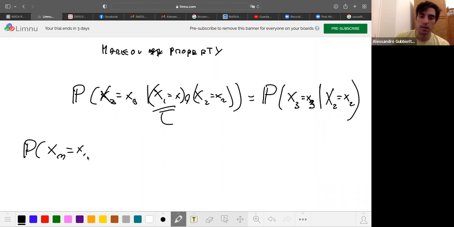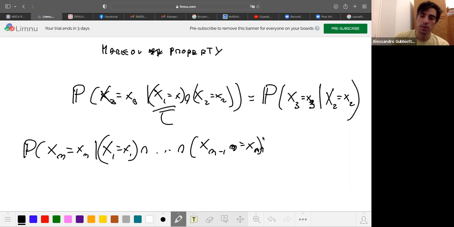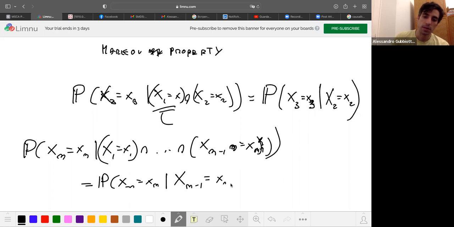The probability that capital Xn equals little xn, given the past history of tosses or of weather, X1 equal to x1 up to Xn minus 1 equal to xn minus 1, is equal to the probability of Xn equal to xn, given that Xn minus 1 is equal to little xn minus 1, only on the weather that was there yesterday. And this is a sort of memory loss property.